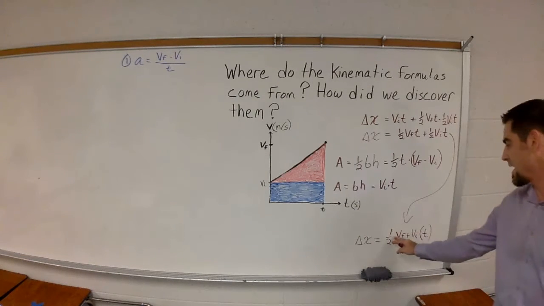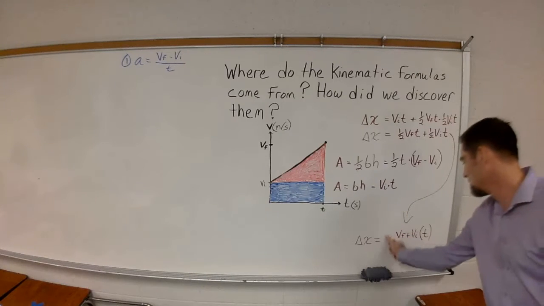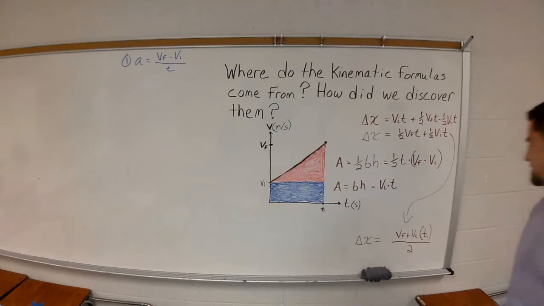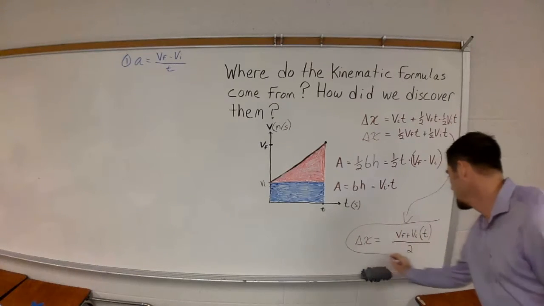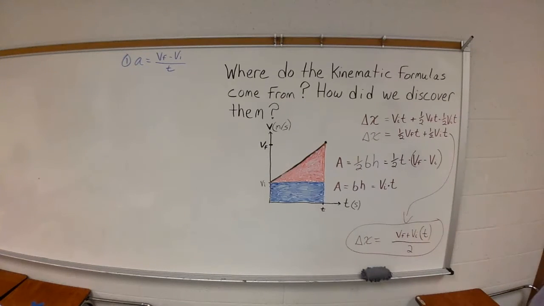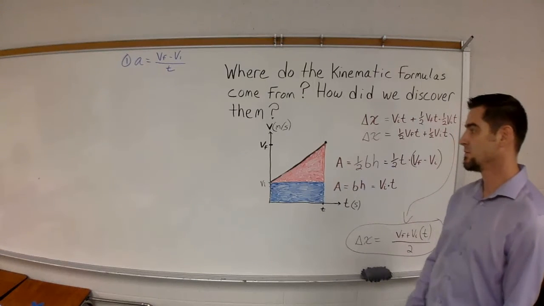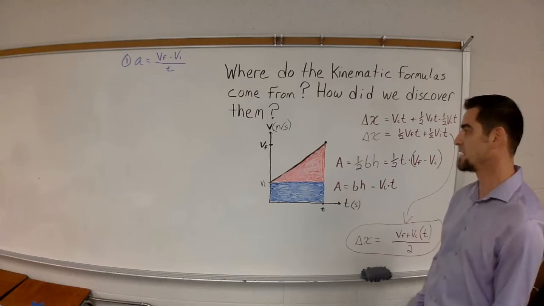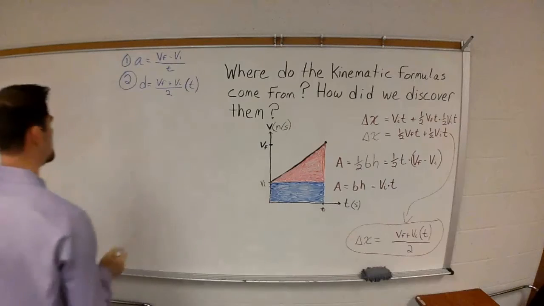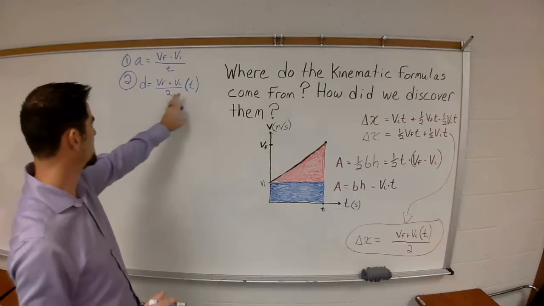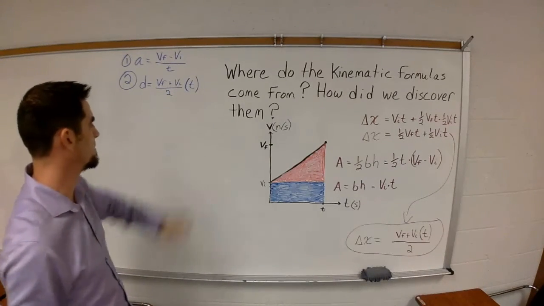You can leave the 1/2 separate or just put it all over 2. It's the same thing. So this is our second kinematic equation, derived geometrically from the velocity time graph. Distance is equal to the final velocity plus the initial velocity over 2 times time.